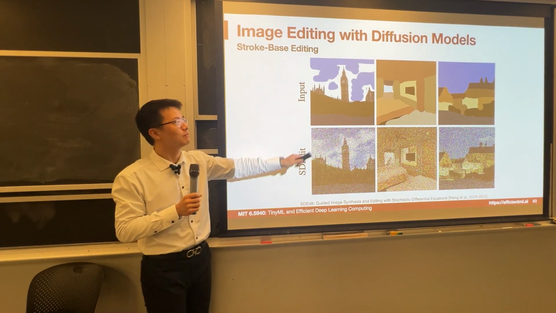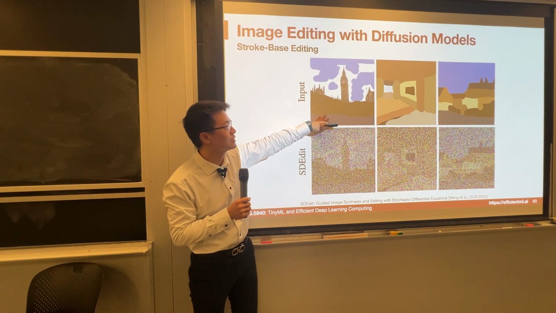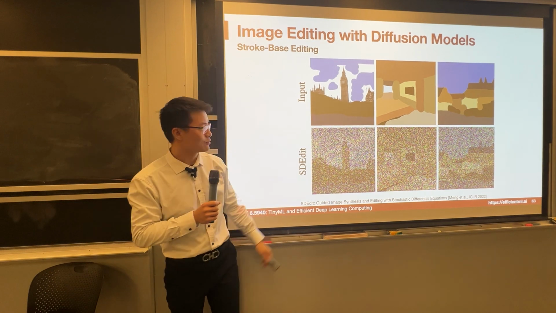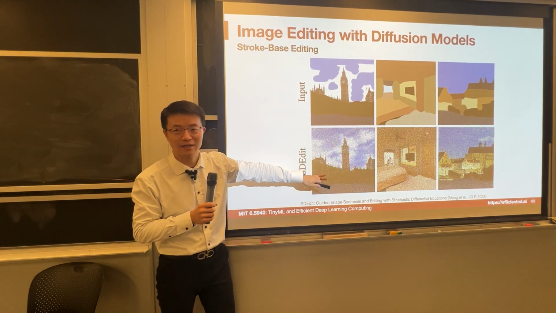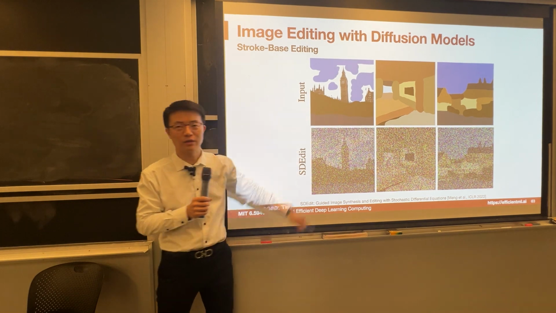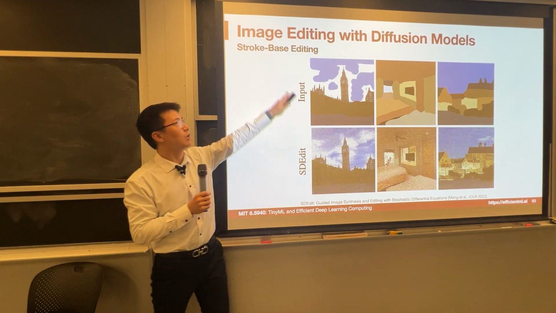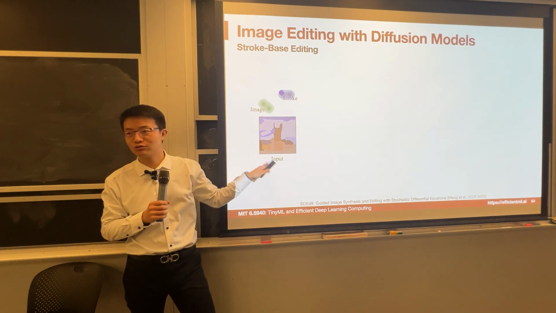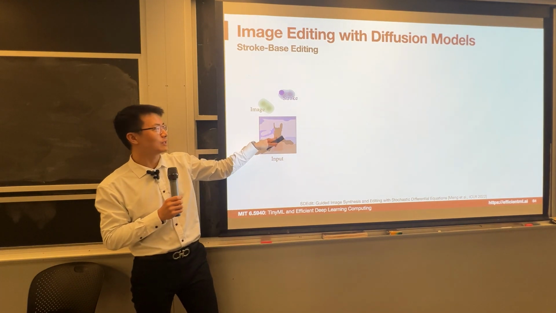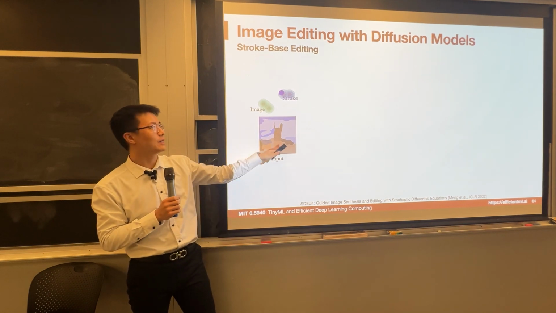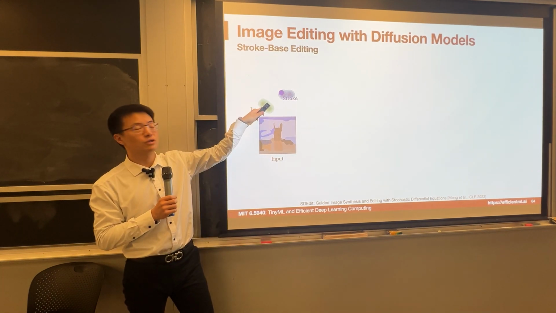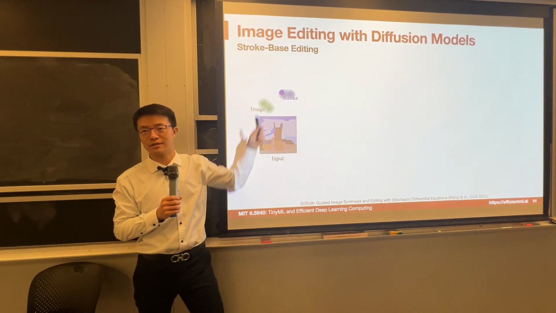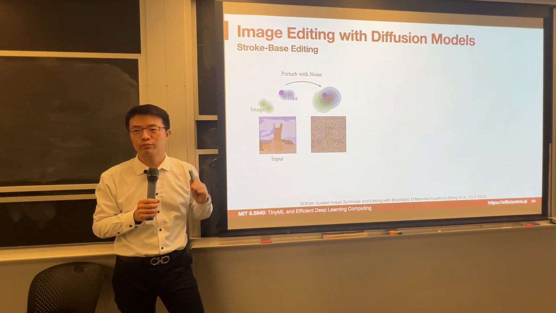Like we can draw something, draw a tower, draw some trees, draw a bedroom, draw some scenery, okay? And how do we use SDEdit to actually get the corresponding picture that's associated with this hand stroke-based editing? So the idea is that we use our hand to draw something very naive, like roughly a tower, some cloud around it, and so on. Assume the image distribution is here and our stroke is here. There is some distance, and we add some noise to perturb it.